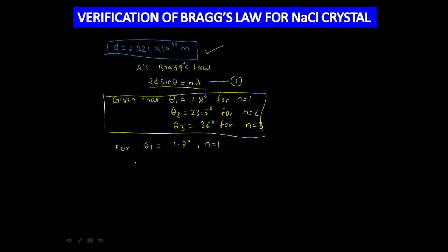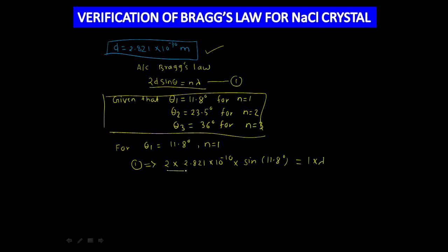Equation number 1 becomes, and we have d also, 2 into d, 2.821 into 10 to the power minus 10 meter, into sine 11.8 degree is equal to n, means 1 into lambda.